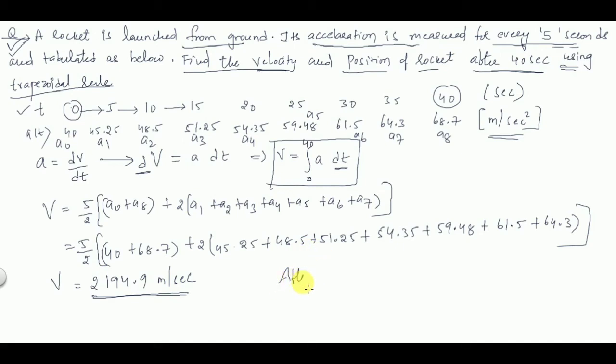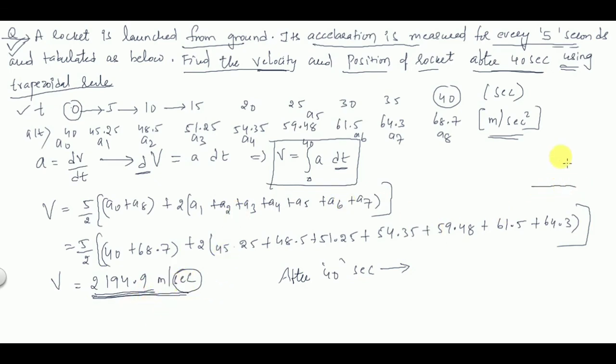On an average per second, the rocket is traveling 2194.9 meters for every second. Then after 40 seconds, what will be its position from the ground?